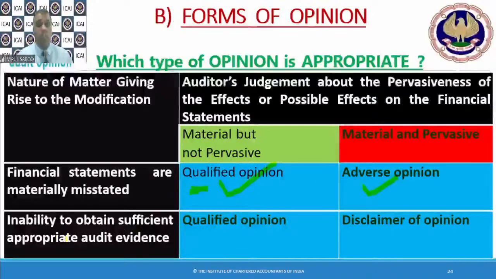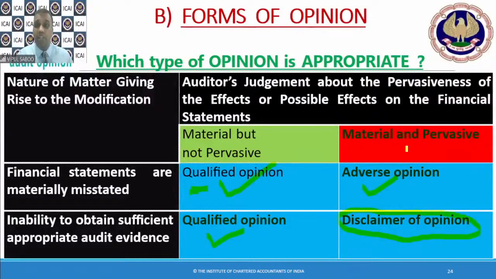Inability to obtain sufficient appropriate audit evidence. We are unable to obtain sufficient appropriate audit evidence, but we can say that there are misstatements which could be material. We will give a qualified opinion. If they are material but not pervasive, we will give a qualified opinion.